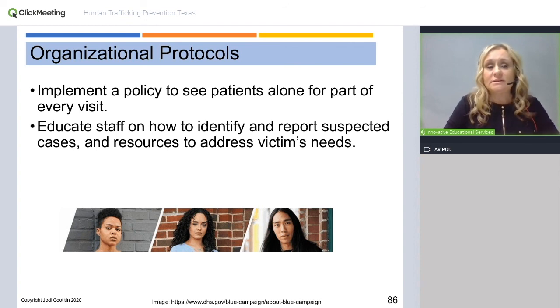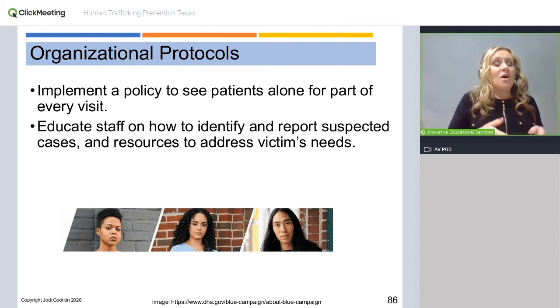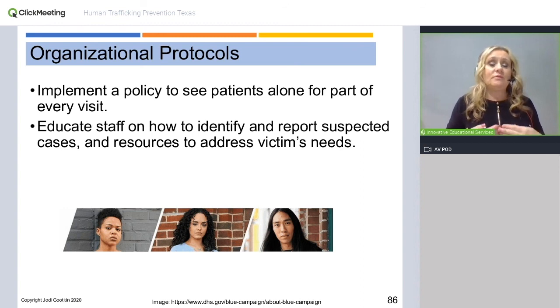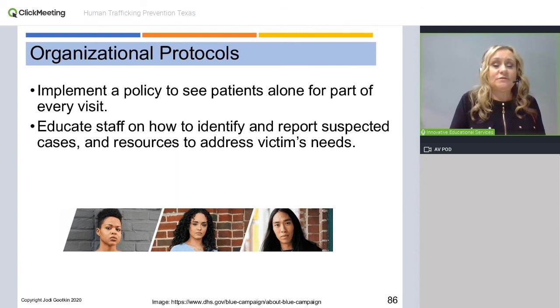There are several models of organizational protocols with best practices to serve victims and survivors of human trafficking. Having procedures in place that include educating healthcare providers with everything that we're discussing today is important so that procedures can be implemented and resources can be readily available for when these situations arise and potential victims present themselves.